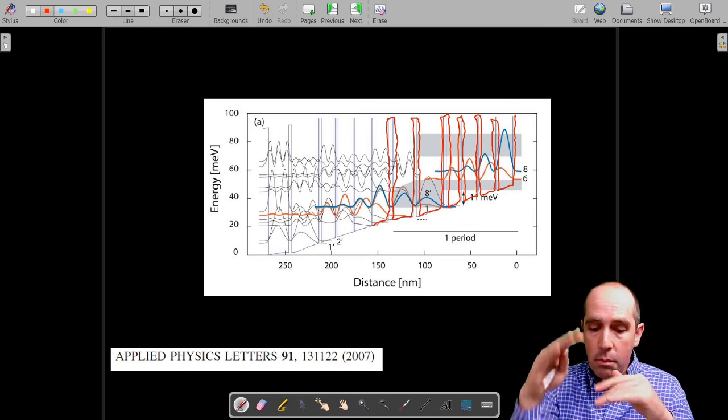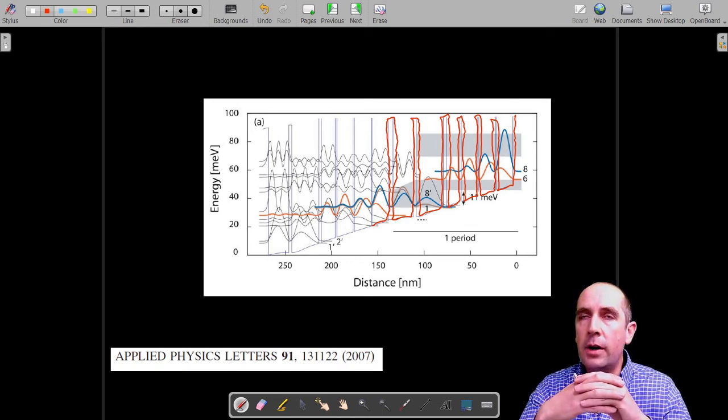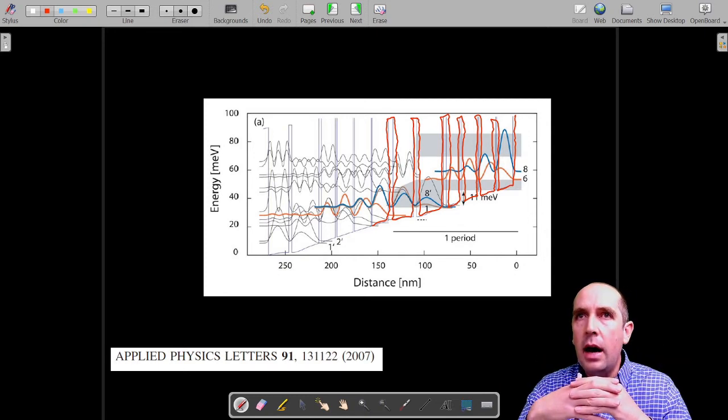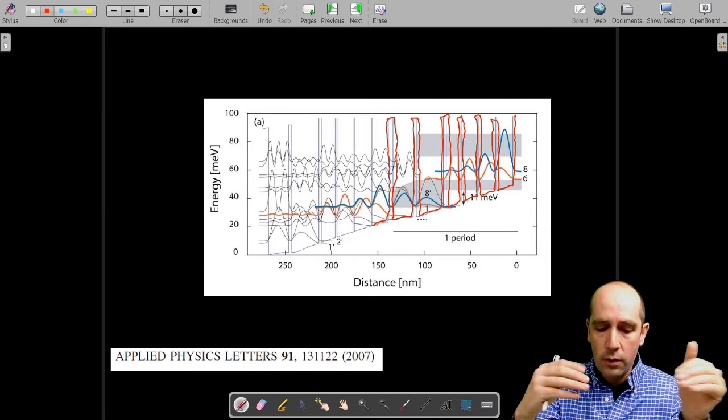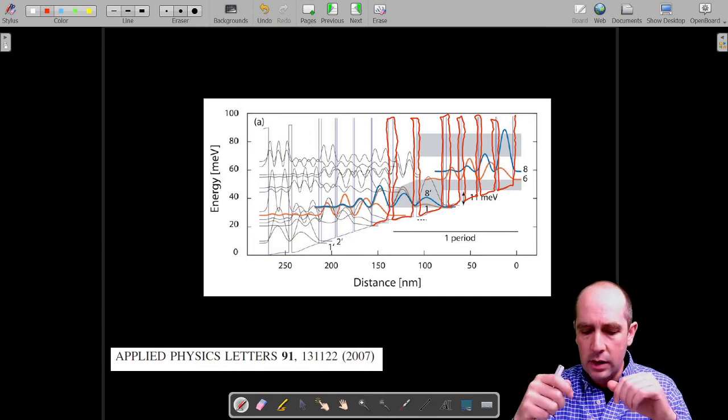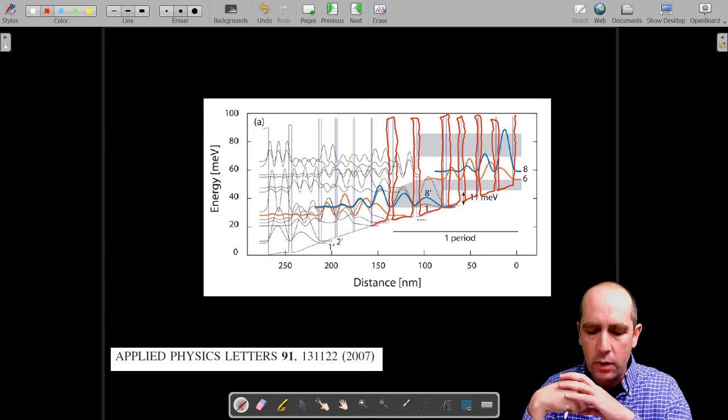But with these complicated series of wells, which were repeated many times, one produces a series of wave functions, which are also there in different colors, in blue and red and so on.